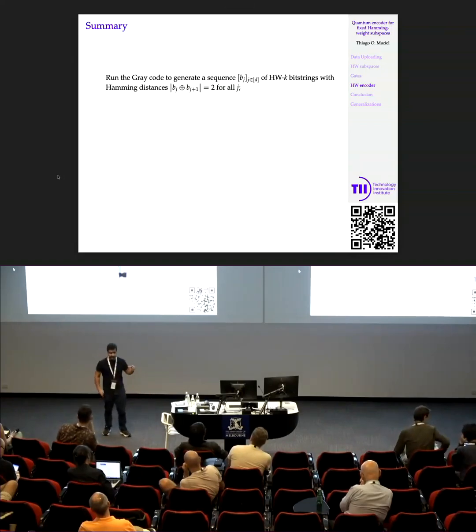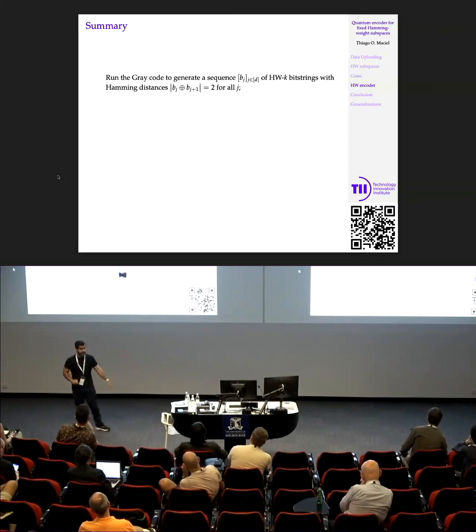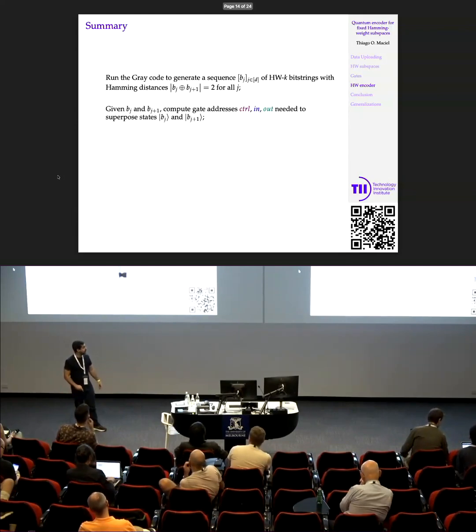So just to summarize a bit, what are the algorithms to generate an encoder for every Hamming weight k subspace? You first get your favorite Gray code, run the Gray code, take the bit strings, compare the bit strings in a way that I showed you, so by the end of the day, you will have some bits that will be controls, some bits that will be the input for our RBS gate, and some bits that will be the output for the RBS gates, okay?